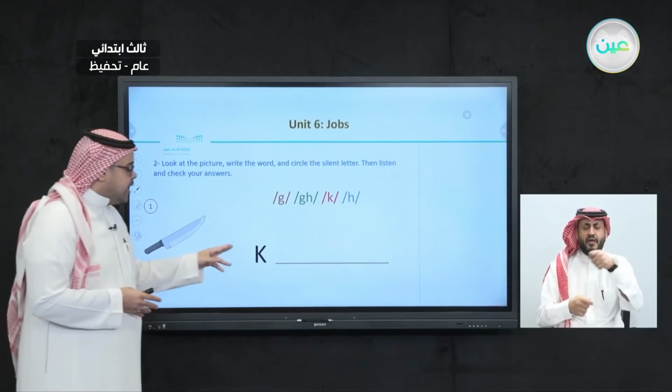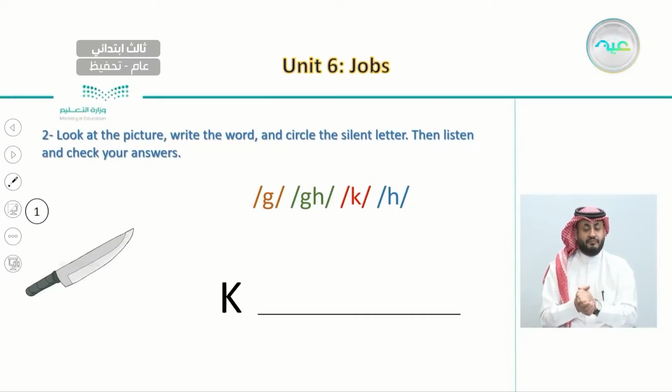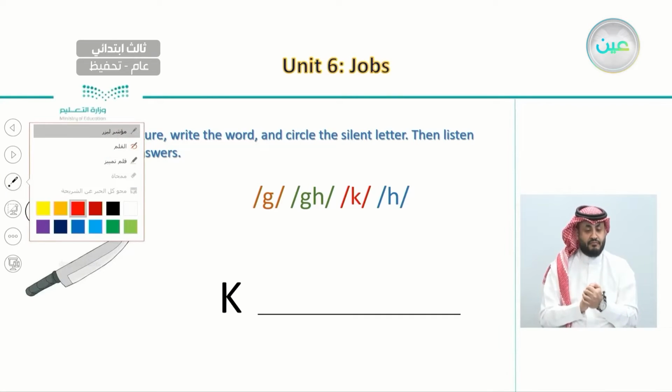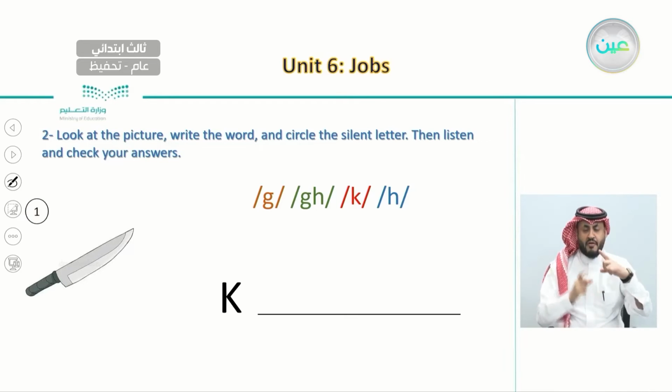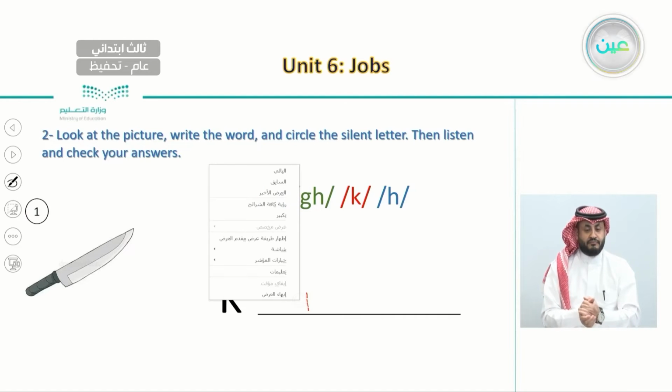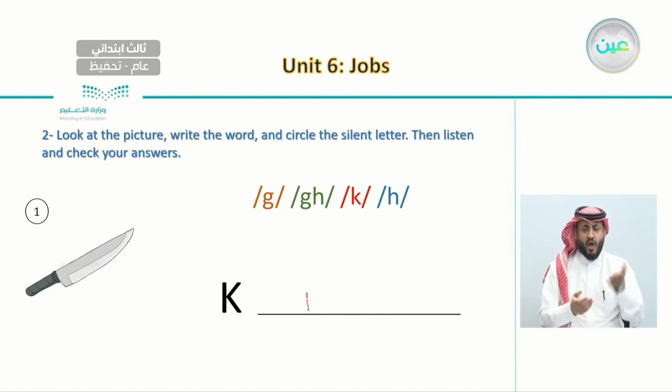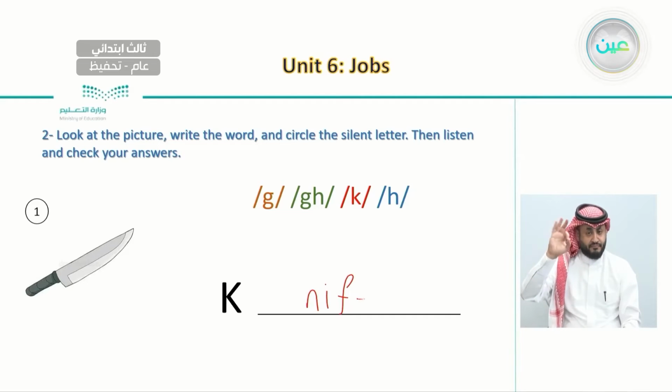So here we have a word that starts with K, and from looking at this picture, I think the word we need here, as we learned before, is knife. Knife. So this is the word. Say it after me.